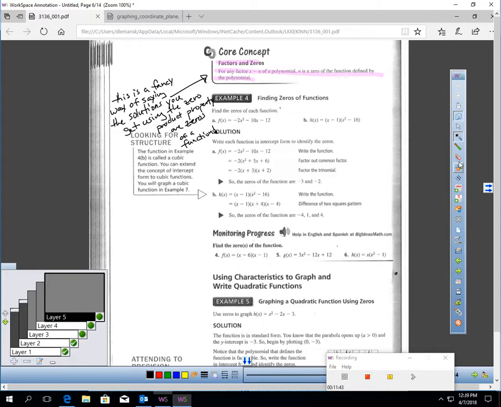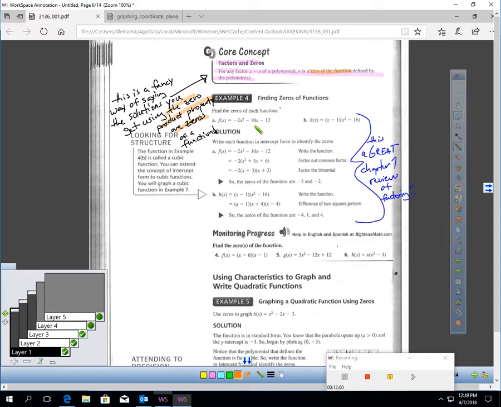Now, you used the zero product property constantly back in lesson or chapter 7. When you use the zero product property and get answers, those answers are zeros of a function. So this stuff that we're using here is just a great review of what we did in chapter 7.